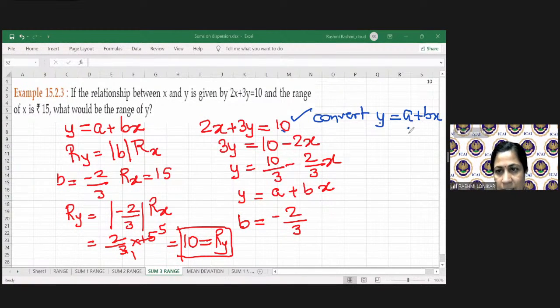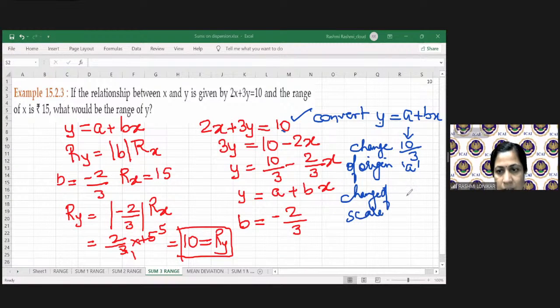So this A that is coming is the change of origin. In this case, the change of origin is 10 by 3, and B is the change of scale. Change of origin is represented by A, and change of scale is represented by B. So this is how we are supposed to be doing the sum for it.